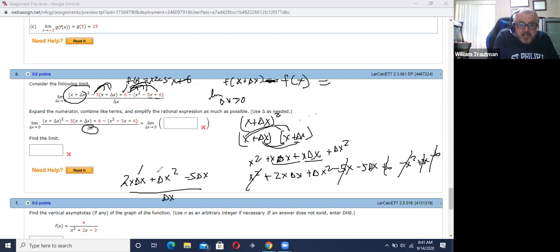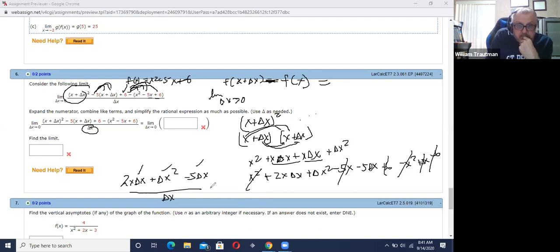If we factor out a change of x out of all of this, I feel like I did something wrong here. Minus 5x, minus 5 change of x. It looks okay.